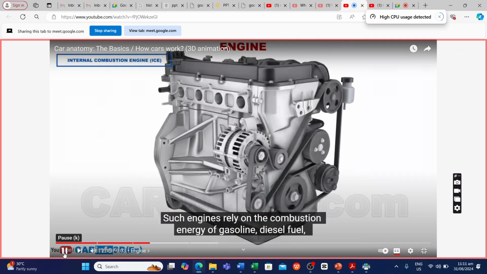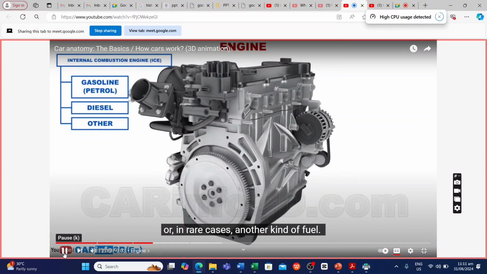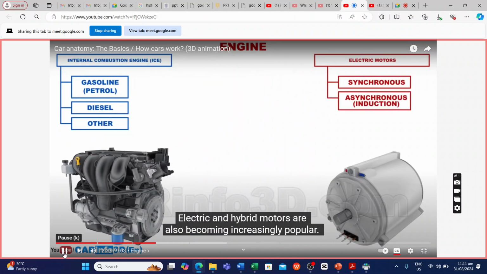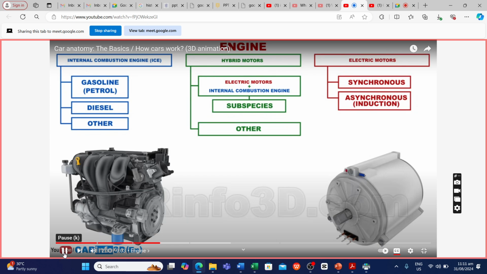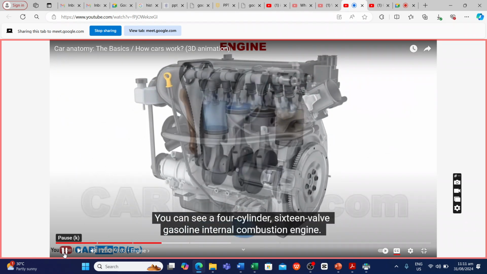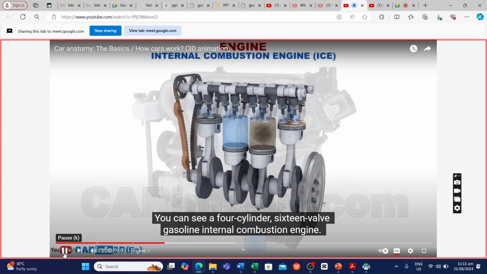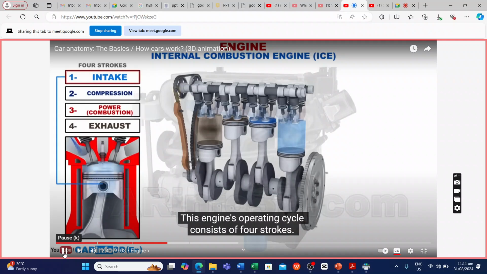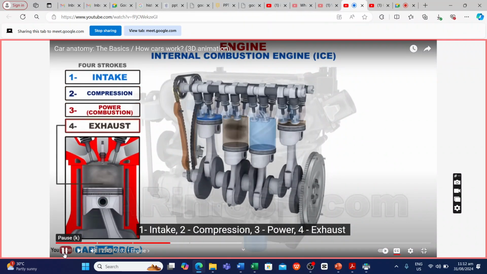Such engines rely on the combustion energy of gasoline, diesel fuel, or, in rare cases, another kind of fuel. Electric and hybrid motors are also becoming increasingly popular. You can see a 4-cylinder, 16-valve gasoline internal combustion engine. This engine's operating cycle consists of 4 strokes: intake, compression, power, exhaust.